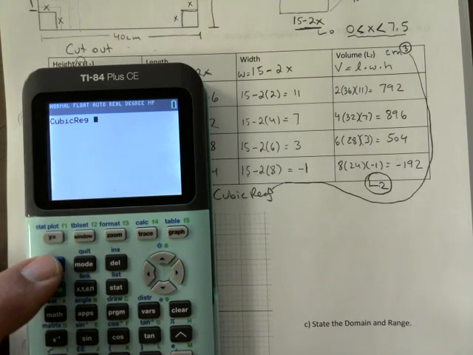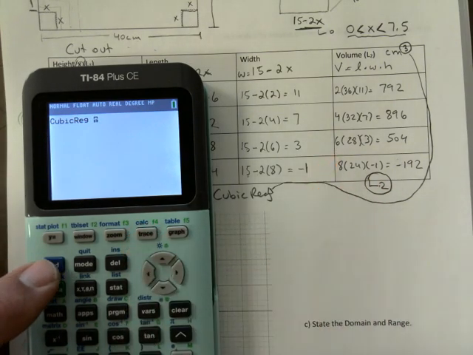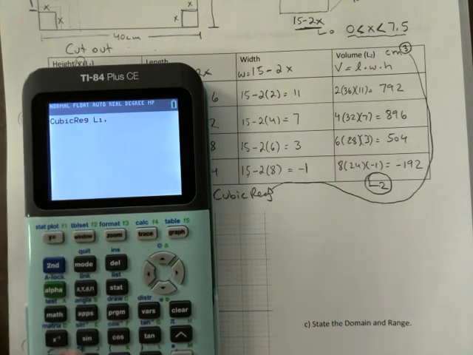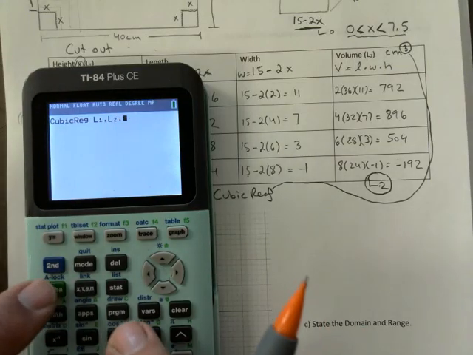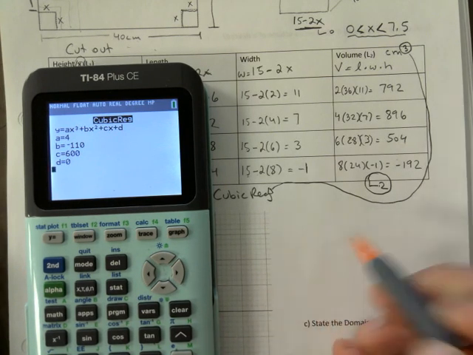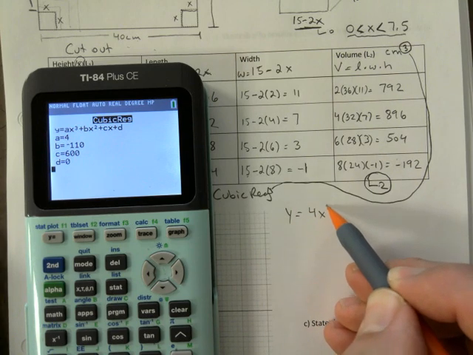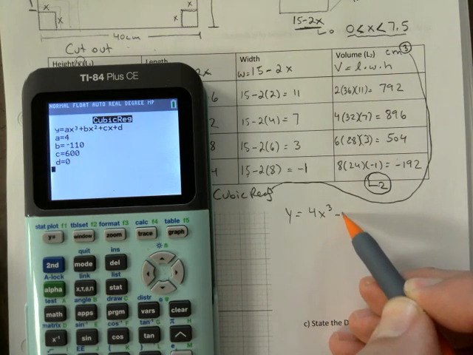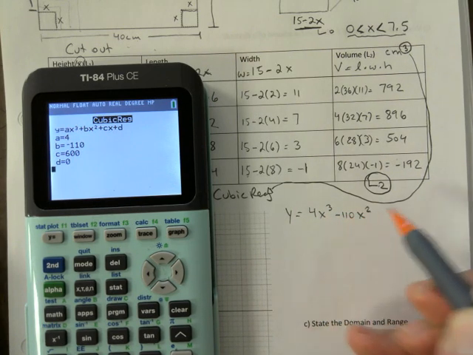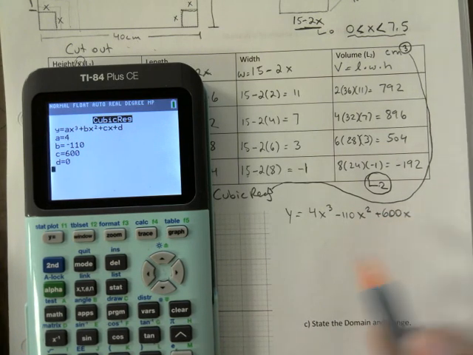We could probably look at our scatter plot first, but we don't need to because we know where this is going. Alpha trace, enter. There it is. So y is equal to 4x cubed minus 110x squared plus 600x, and then there's 0 after that.